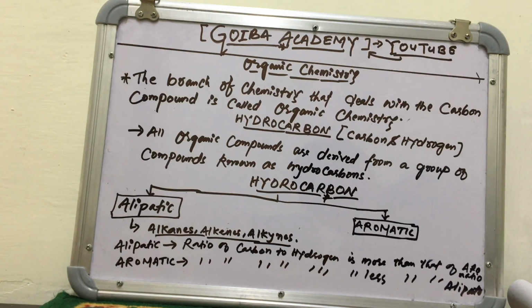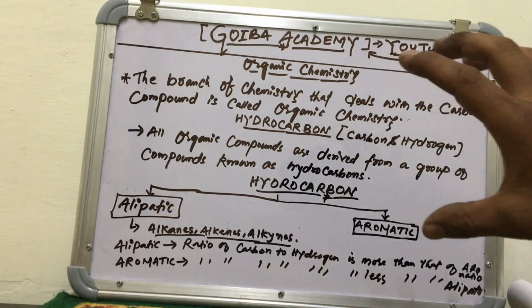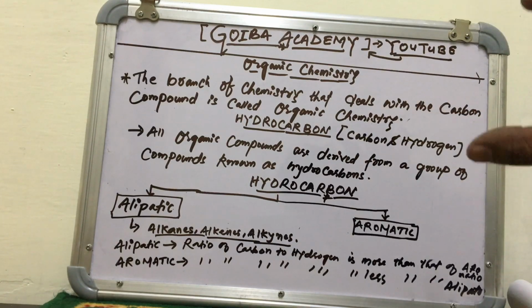I'm not going to focus on each and every detail of organic chemistry, but I think many students face a lot of problems with the basics. So today I'm going to focus mainly on the basics: what organic chemistry means, how it's divided, and what its components and parts are.